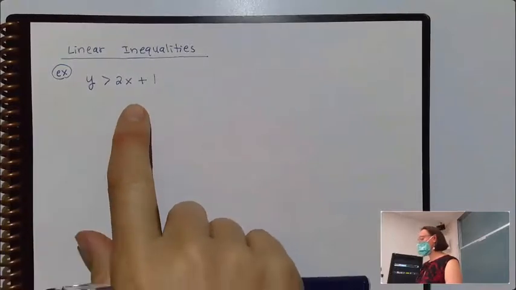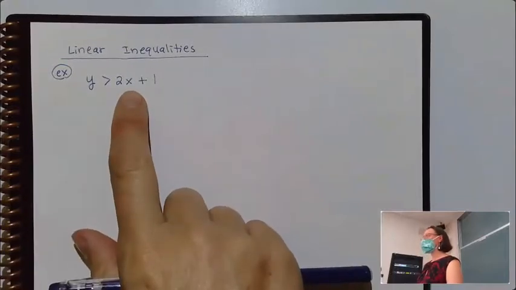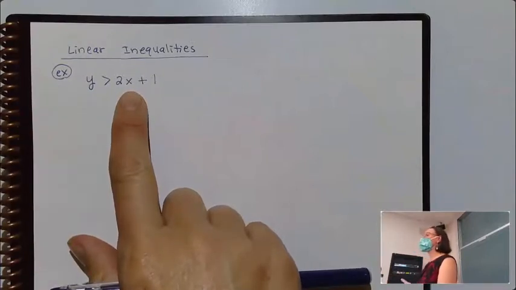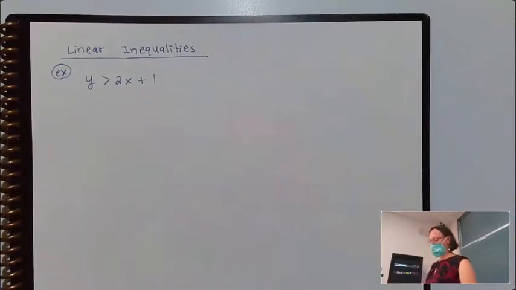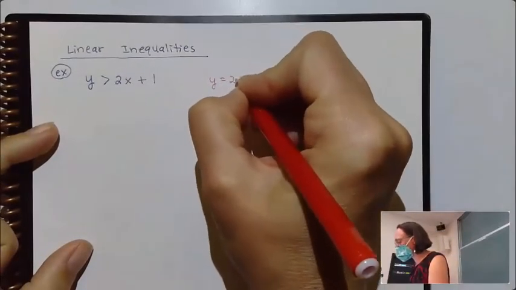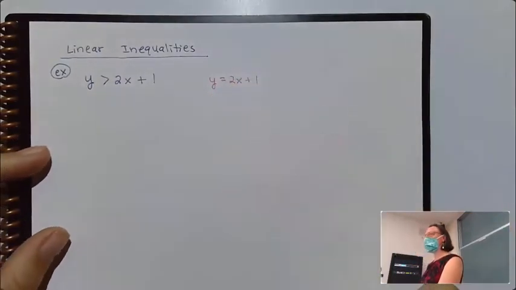Meaning for a given x point, what are all of the possible y values that would be a solution to this? The easiest way to do this graphically is first to think about what the y equals 2x plus 1 graph would look like.